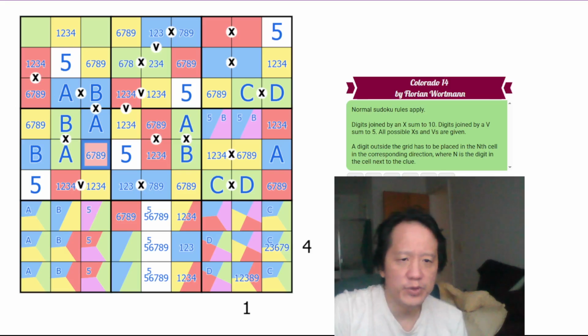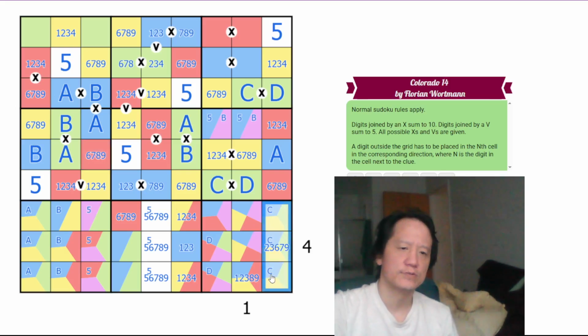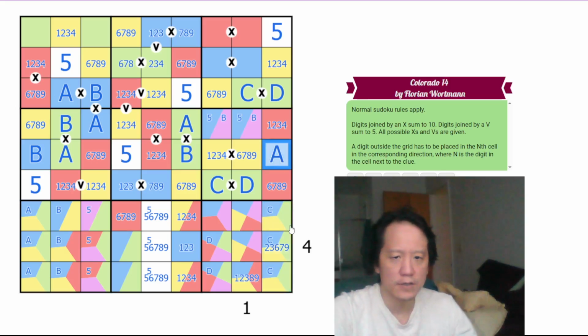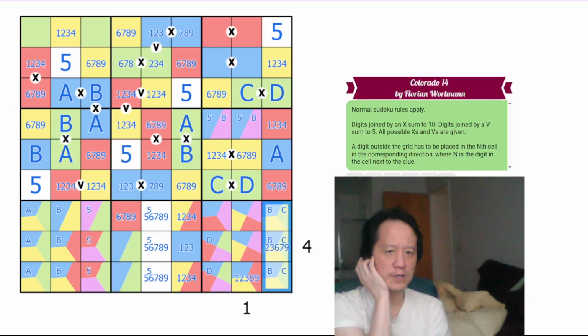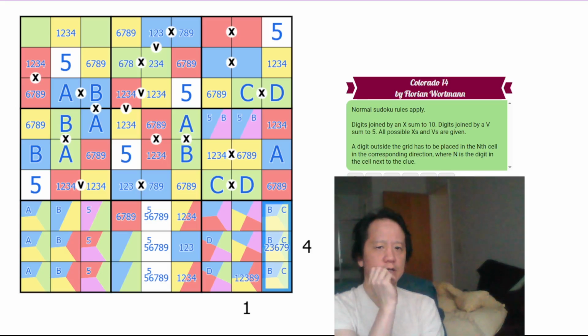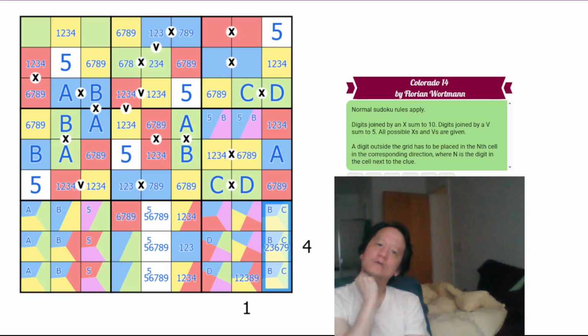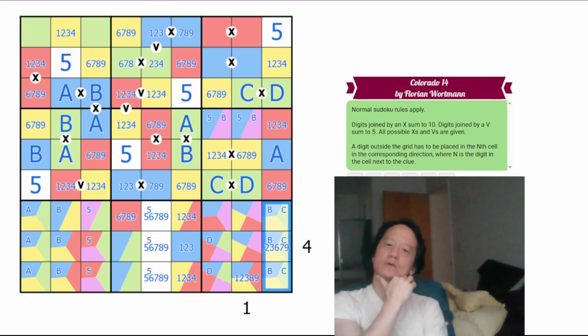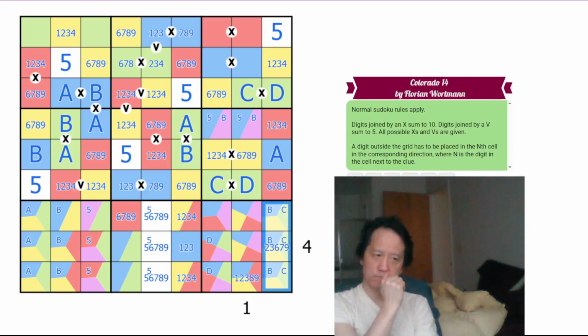The blue B has to be one of these three, because we know this is A. So this is blue B and the C green.